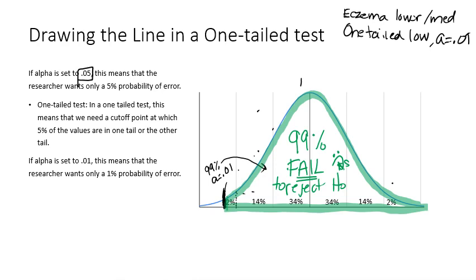But if the situation is just a little different and the score for the sample falls in this region right here, this teeny tiny region, well, there's only a 1% chance of getting a score in this region because alpha is set to 0.01.